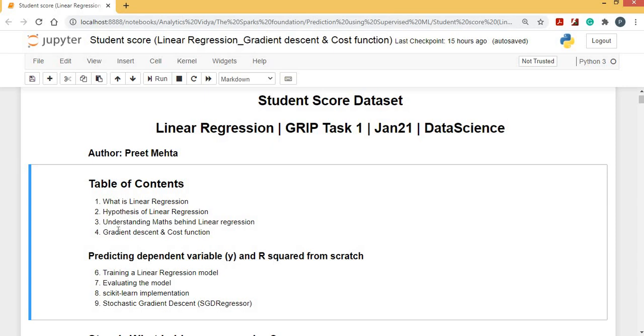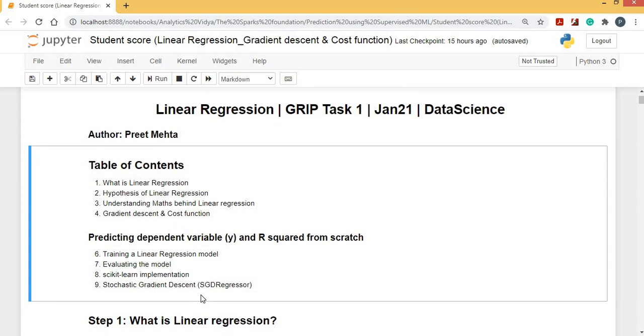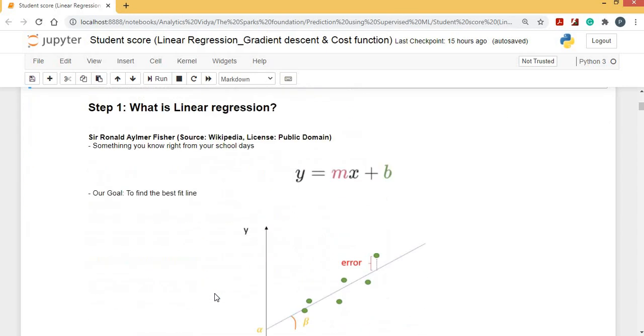We'll understand gradient descent and the cost function, and then make a linear regression model from scratch. We will also implement the same model through scikit-learn and SGD regressor. So firstly, let's understand what linear regression is.